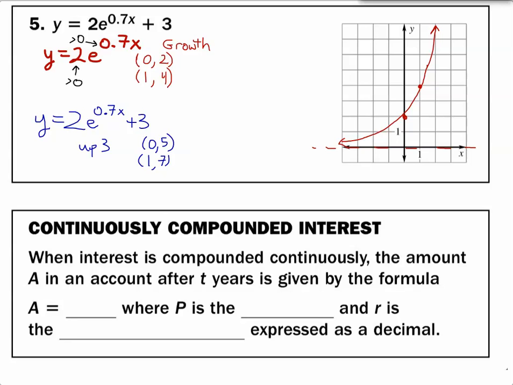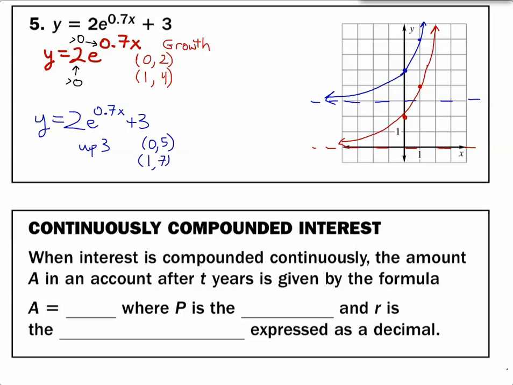So 0, 5 and 1, 7-ish. And go ahead and make ourselves our exponential curve based on that. On the left, you might be a little careful. You go, oh, wait, I went up 3, so my new asymptote is at 3. So now I know where to go down to.